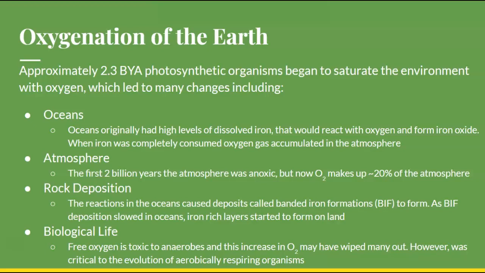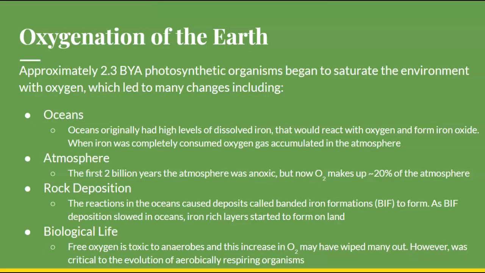But anyway, what happened when oxygen started to saturate the environment? Well, there was some impact on oceans, atmosphere, rock deposition, and biological life. So in the oceans, originally you had high levels of iron, and when oxygen reacts with iron, you form iron oxide, which is not ideal.